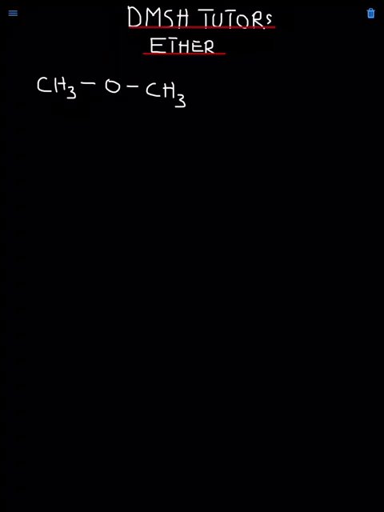So this is what we call a symmetrical ether, a situation whereby the two sides of the oxygen have the same attachments. In this case, to name this type of ether compound, this is methyl, and this is also methyl.